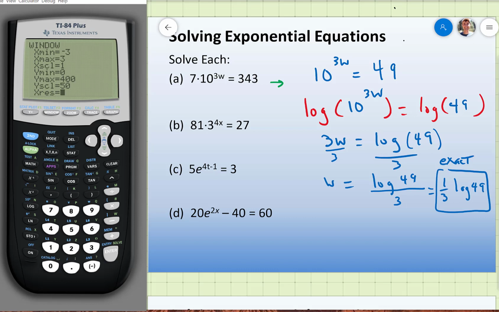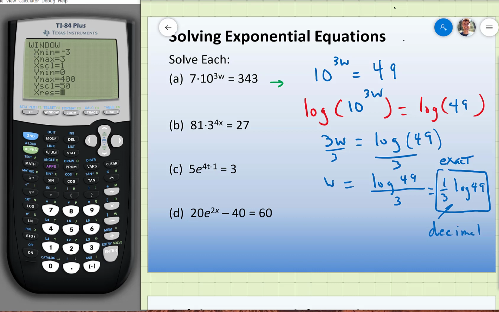As far as the x's go, I don't have too many clues on what x's to use. But one thing we could have done is actually gotten a decimal here. And if we'd gotten the decimal, we would have had a better sense of x. It's really small.